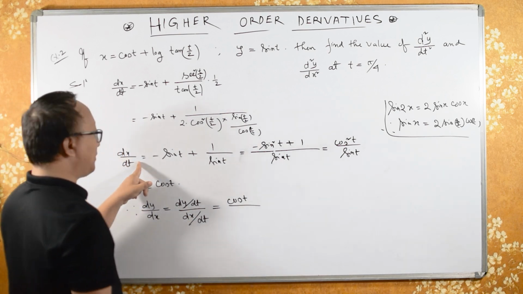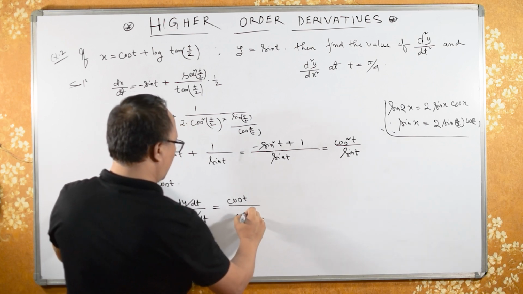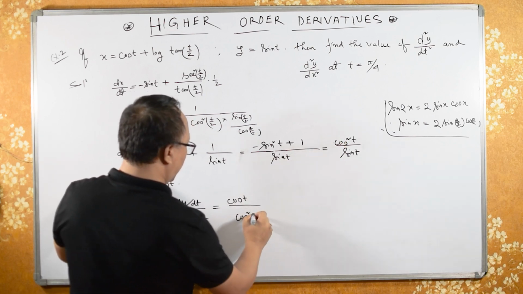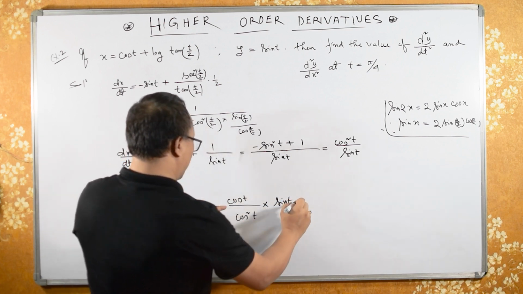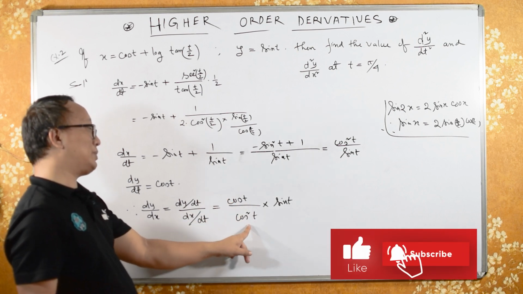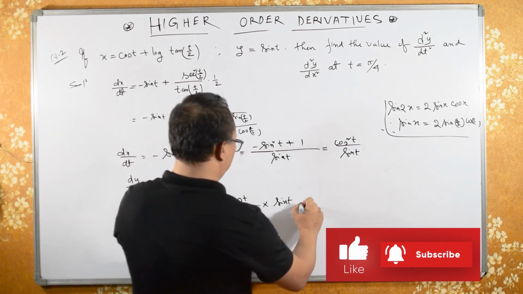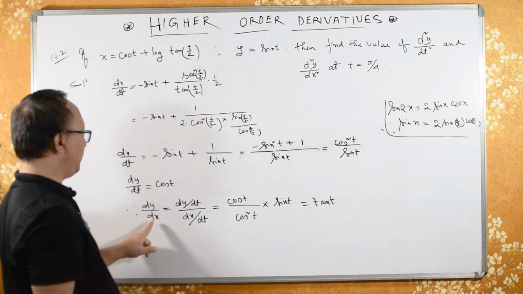What is dx by dt? It is this. So I have cos square t, and bring up sin t. This cos and cos square get cancelled, and I have 1 cos. Sin by cos is tan t. Here I have tan t. This is my dy by dx.